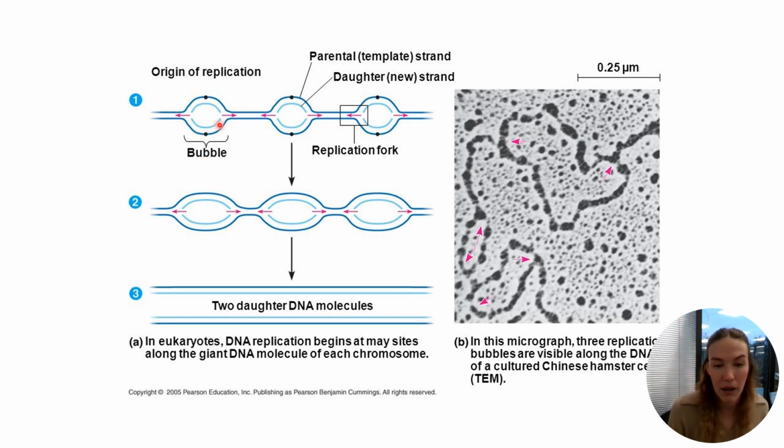So these bubbles, they're all throughout our whole chromosome, and it makes it so that replication happens much more quickly. Now, this does not happen in prokaryotes. If you have a circular chromosome, it's typically copied with one origin of replication because they're much smaller. They don't need to have several origins of replication.